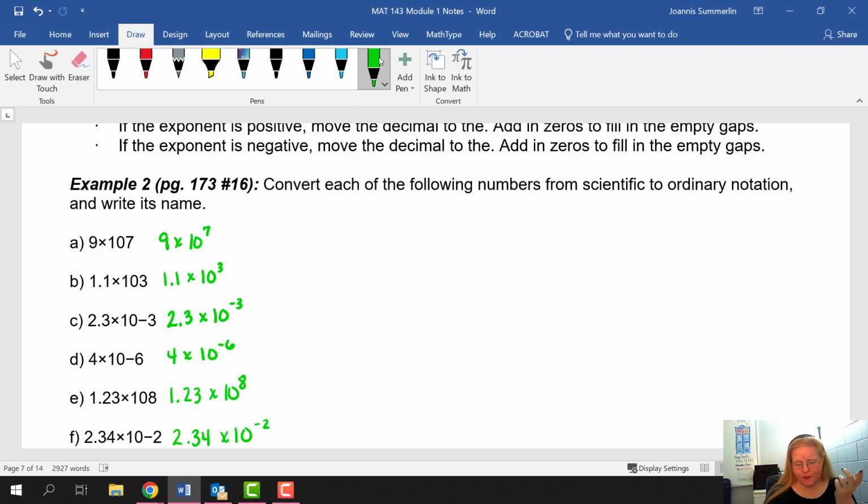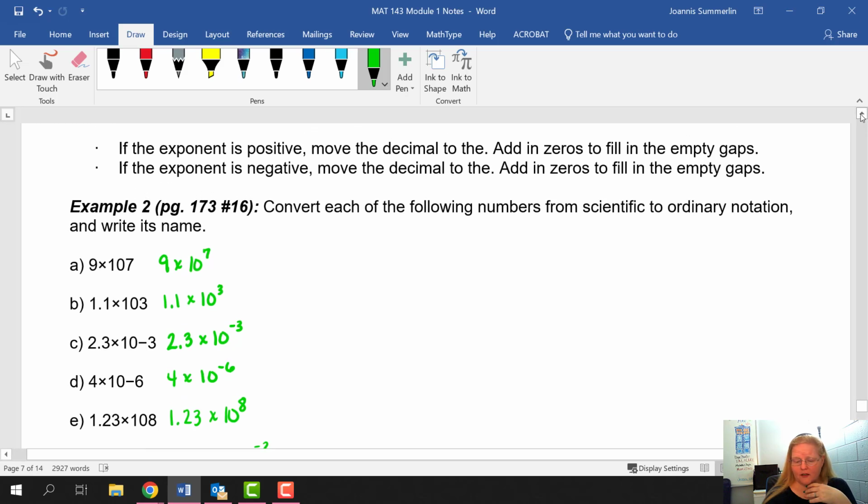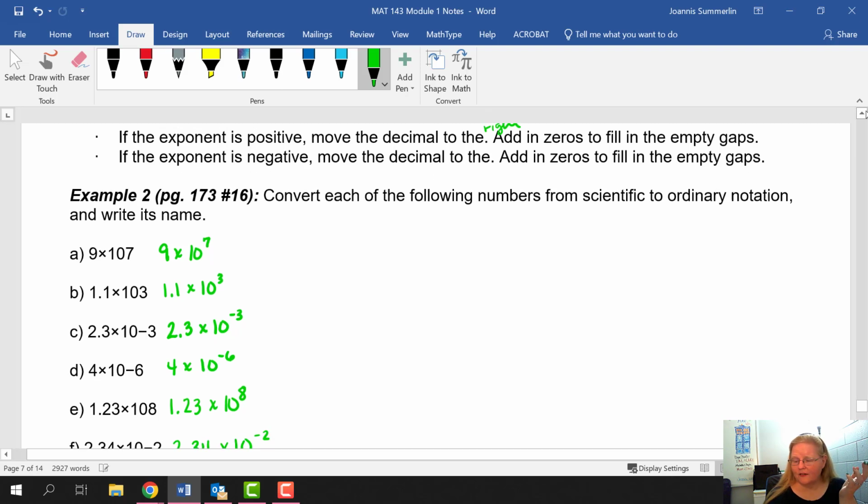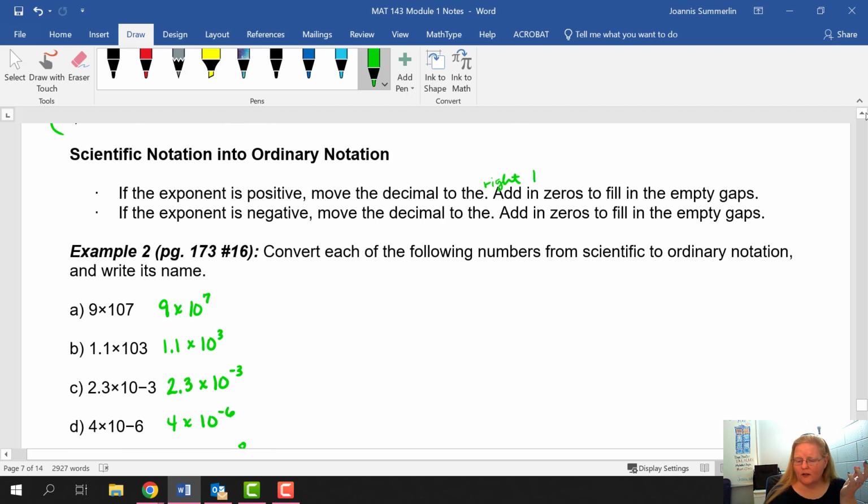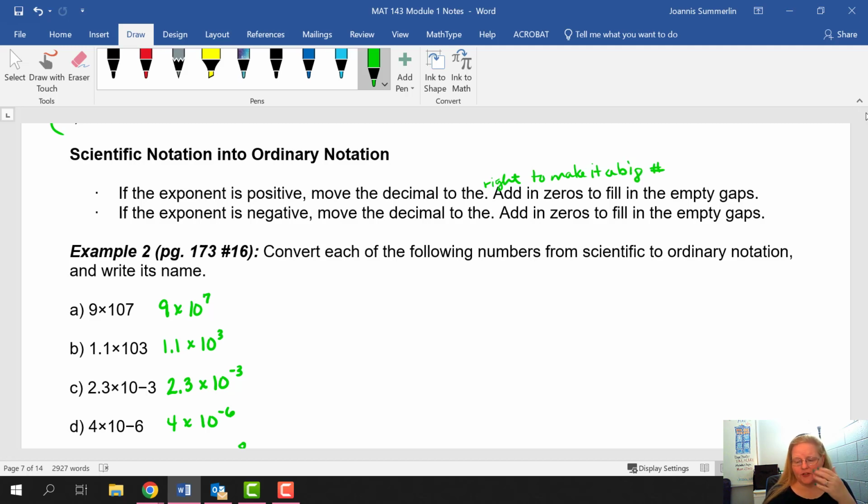So, if the exponent is positive, you're going to want it to be a really big number. So you're going to have to move the decimal to the right to make it a big number, and fill in with zeros.